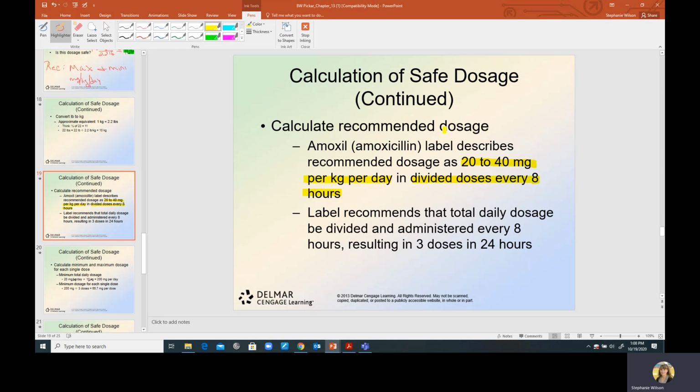We know there's 24 hours in a day, and we're looking at every 8 hours, right? Well, how many doses would that give me? Every 8 hours we have 1 dose. So that's the formula method. Here's dimensional analysis.